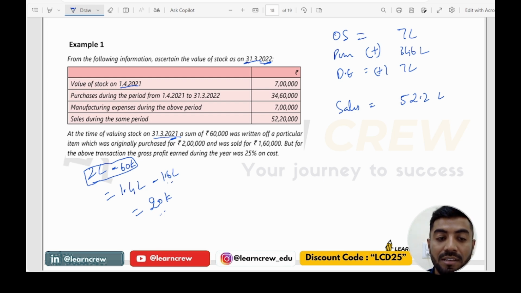Then you need to see the profit margin, that is 25%.